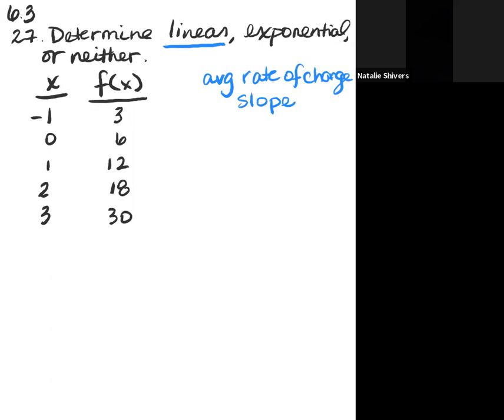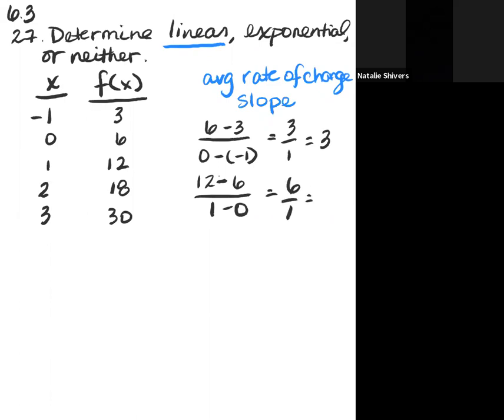So we're going to do slope. Okay, so we're going to do 6 minus 3 over 0 minus -1. That gives me 3 over 1, which is 3. That one's perfect. Now we're going to do 12 minus 6 over 1 minus 0. That gives me 6 over 1, which is 6.